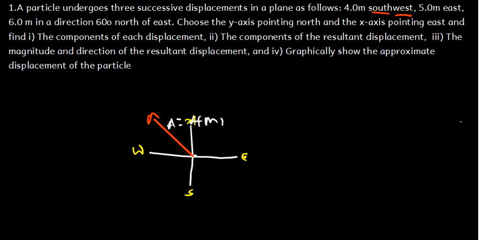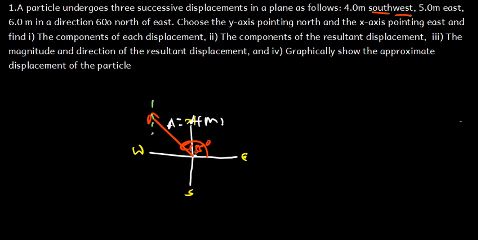If you want, you can even show that the angle from this point all the way to this point is going to be 135 degrees. No problem. So you have reached the destination. Now you go to the next vector. The next vector is 5, which is going east. From this point, you can even draw a dotted xy plane.